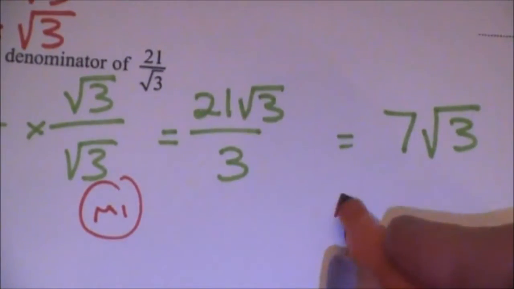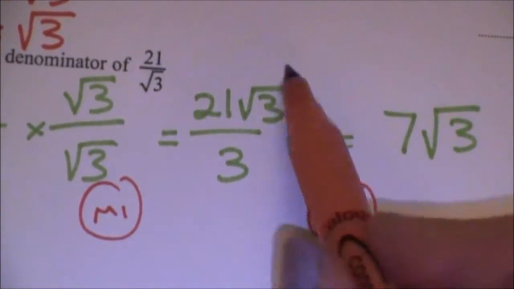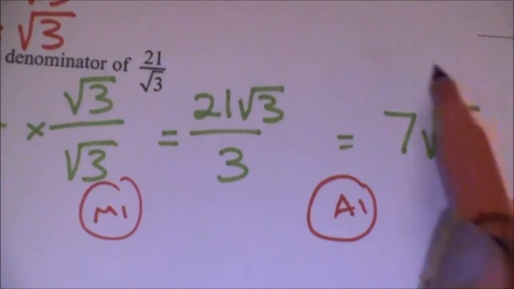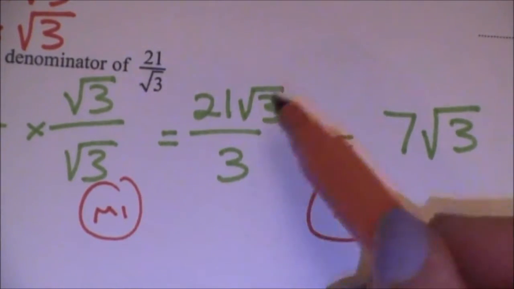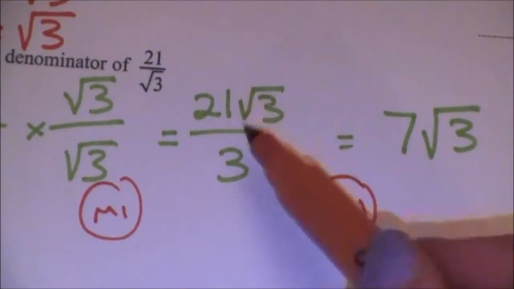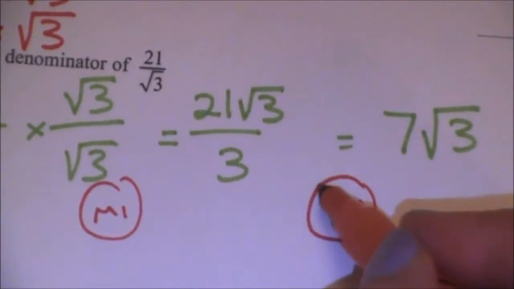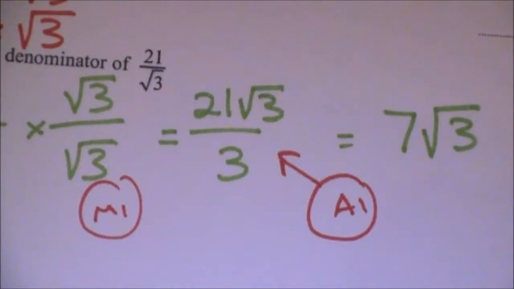And you get an answer mark if you got that or if you got that. So if in doubt with surds, if you think you're likely to make a mistake here and you're happy with that answer, then that's fine. You could have left it at that and still had the same mark.